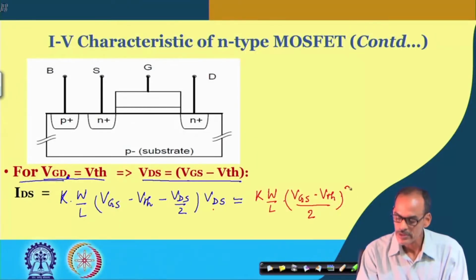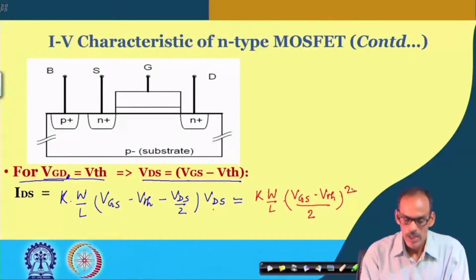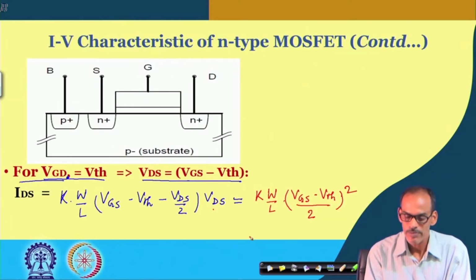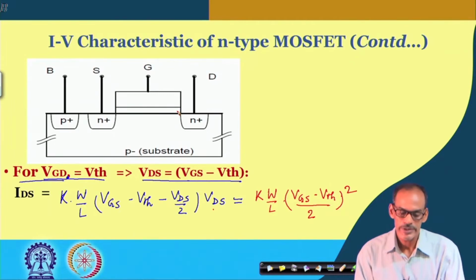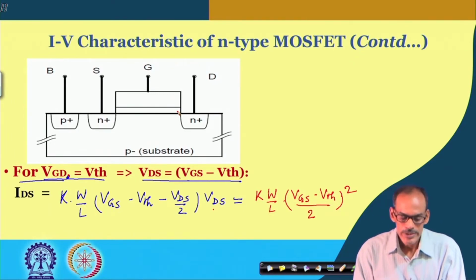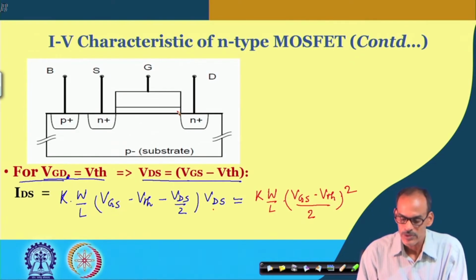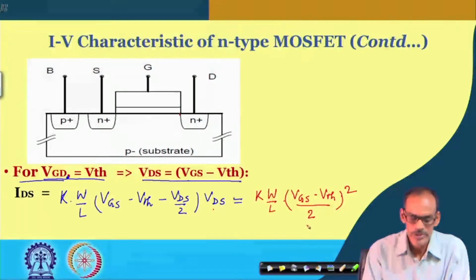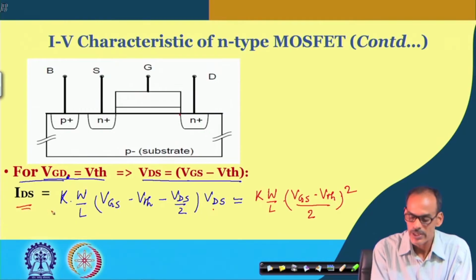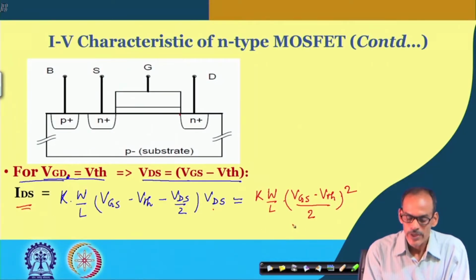So directly you can say this is a square, and this is what happens when at this point the channel is about to disappear. This is referred to as pinch off. We will not be going into detail of that, but till this point you may say that this equation of the current is valid. If I take this VDS beyond this point, then what happens?